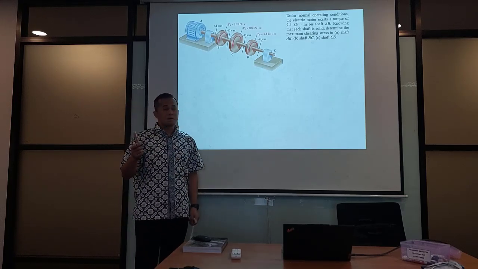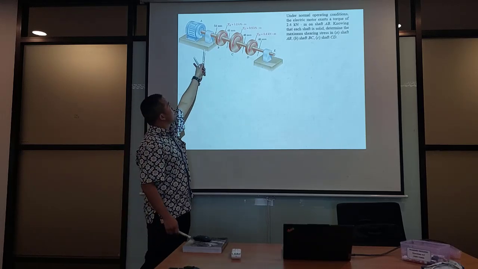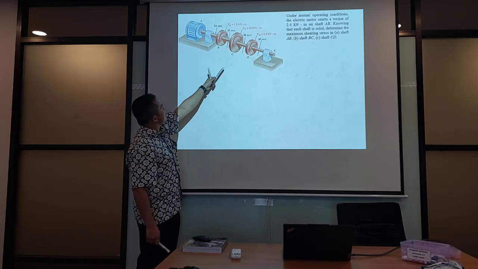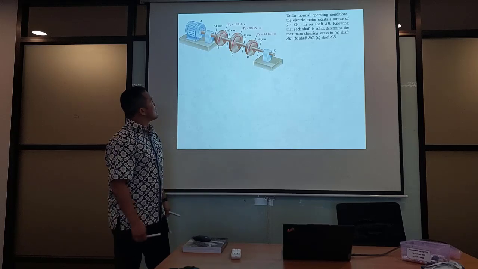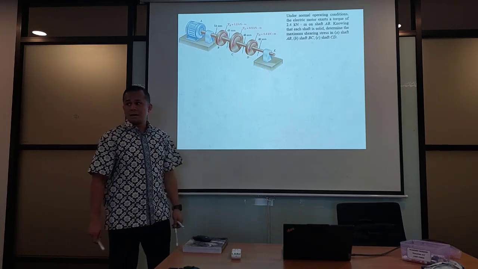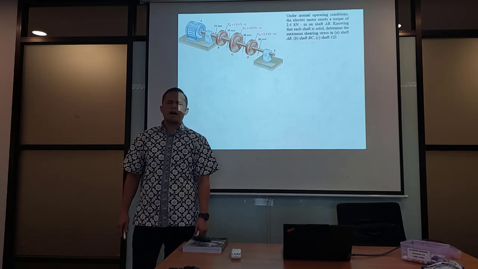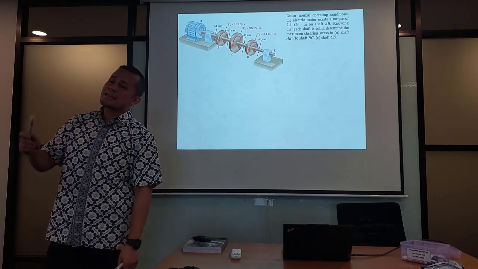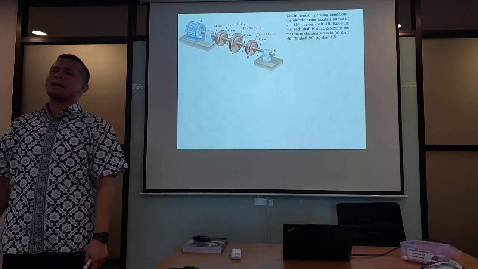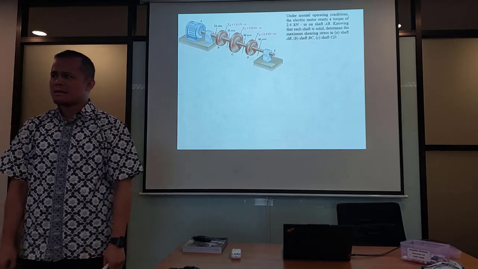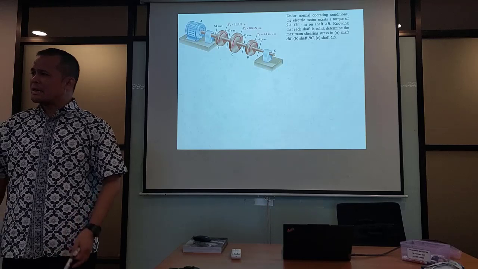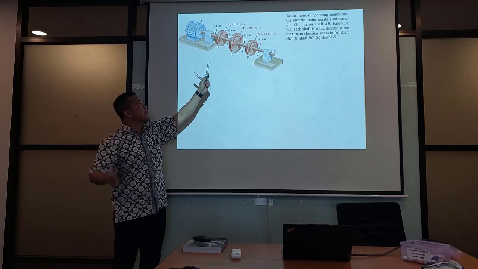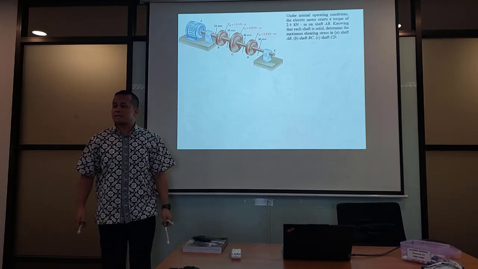If you compare the twisting angle between AB, BC, and CD, I think it's the same. No, not the same. BC is the biggest. Use your logic. My question again: if you compare the twisting angle between AB, BC, CD, which one is the biggest? CD.